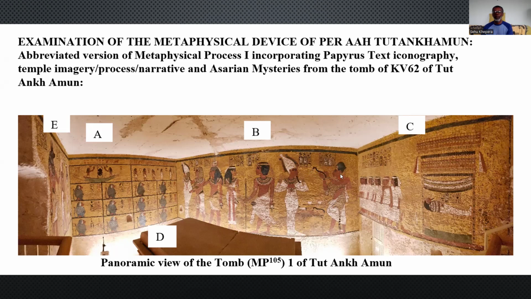They're essentially the same person. And so he's going through this process of expansion in consciousness. And the priest is wearing the leopard skin, so he's the Sem priest doing the ritual.